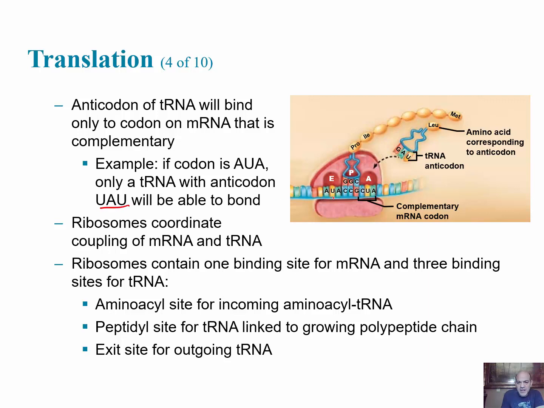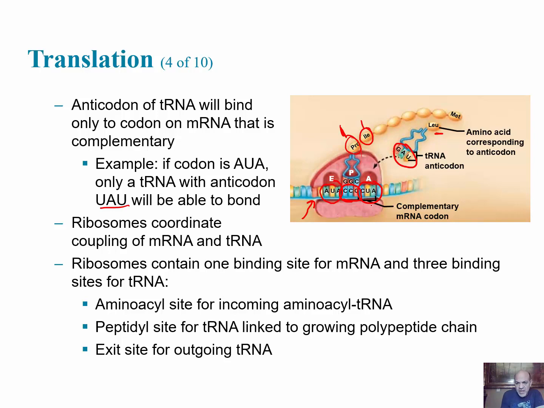So you can see that one was right here, AUA, and this is our mRNA right there, and you can see that was an isoleucine. The next codon that's on there must be coding for this other amino acid, proline. And then we see another codon here, CUA, and there's the anticodon, and it's bringing in an amino acid called leucine.